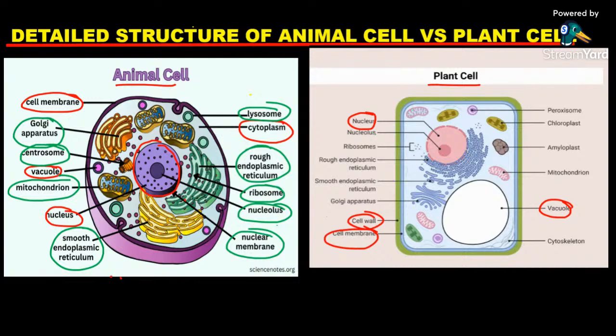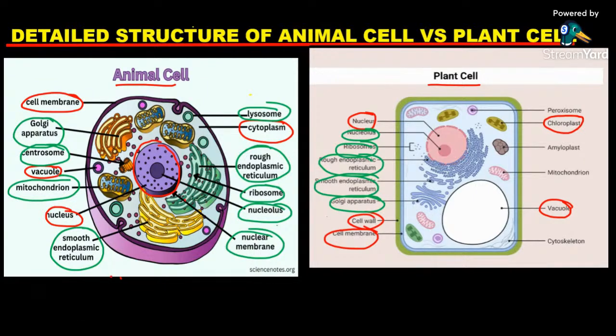Then for the plant cell, also the nucleolus, ribosomes, rough endoplasmic reticulum, smooth endoplasmic reticulum, the Golgi apparatus, the peroxisome, and chloroplast. Oh, chloroplast was there even from the simplified one, so we should have put this in red. But these other parts were not there, which means the ones I have labeled in green are the parts that you are coming across for the first time.